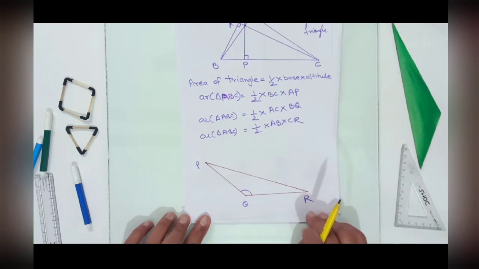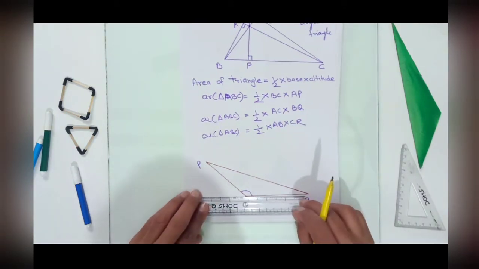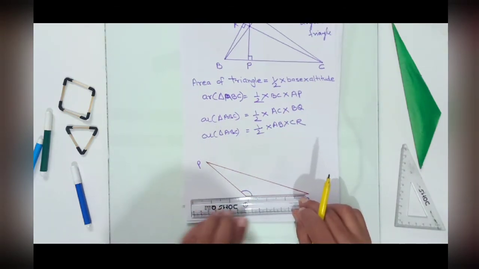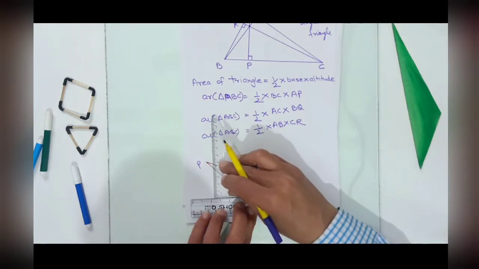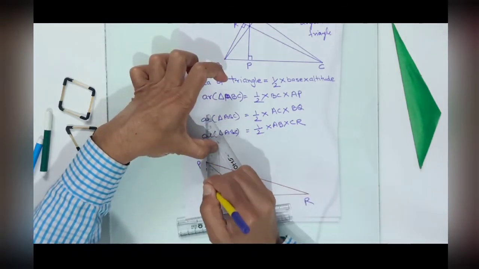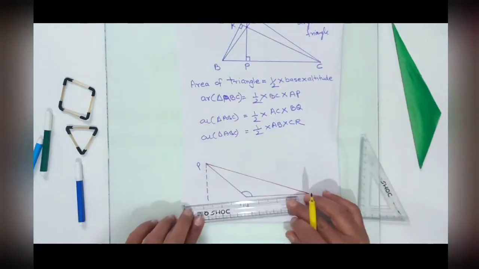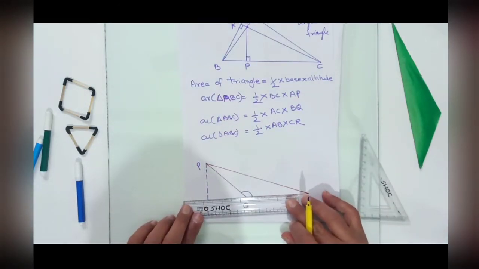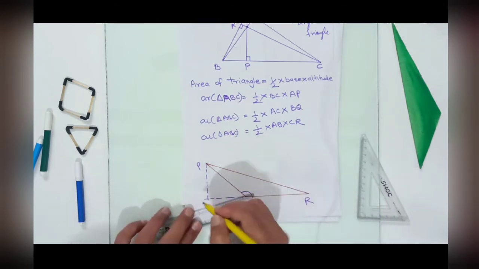If I draw a perpendicular from P to QR, we can observe that the altitude lies outside the triangle. So I am drawing it, and in order to show the altitude, I have to reproduce RQ, and on reproducing RQ we get this altitude.